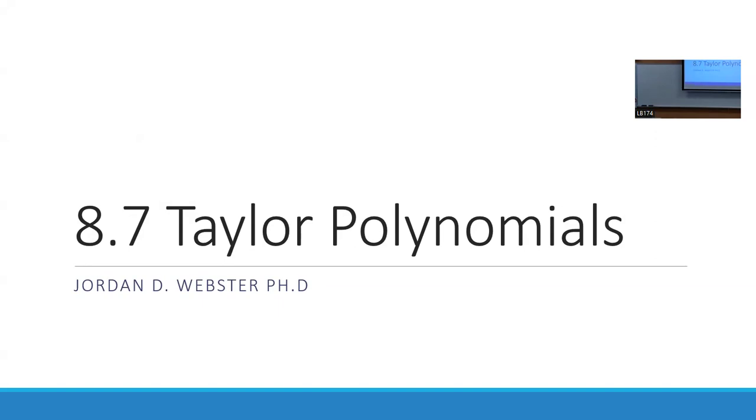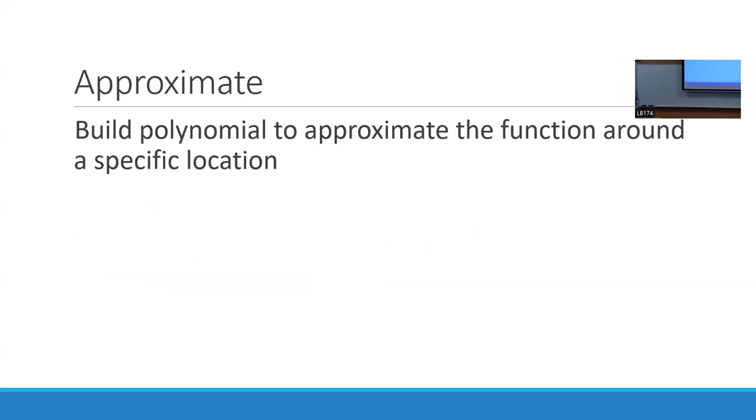So let's take a look then at the next section, which is Taylor polynomials. So the goal of a Taylor polynomial is to make an approximation of a function. And the way we're going to make an approximation is we're going to build a polynomial to make that approximation, because polynomials are fairly nice to deal with.